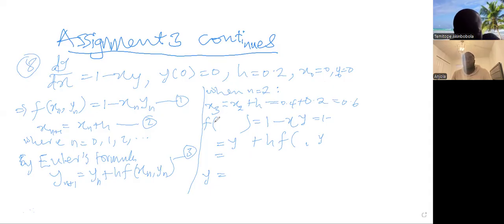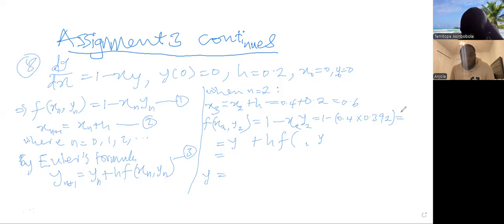So f of x_n, that's f of x2, y2, will now give us 1 minus x2 y2, and that's going to be 1 minus x2, which is 0.4, times y2, 0.392.